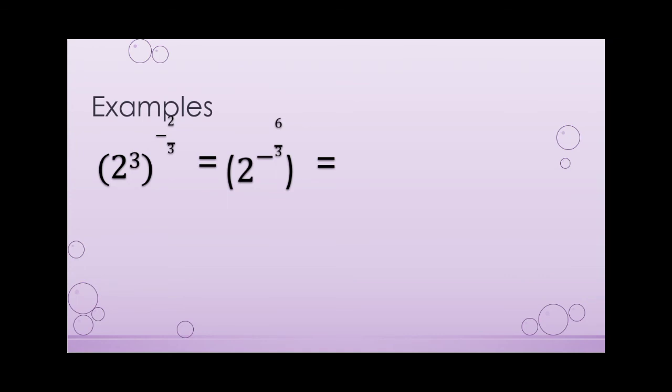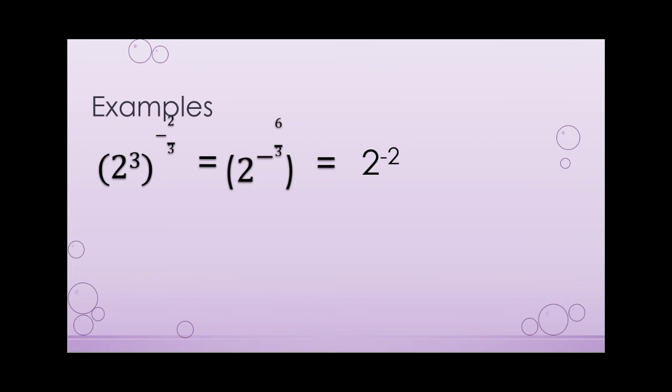If you notice, the numerator 6 can be divided by the denominator which is 3. When we divide 6 by 3, the answer is 2. So, we have now 2 raised to negative 2.